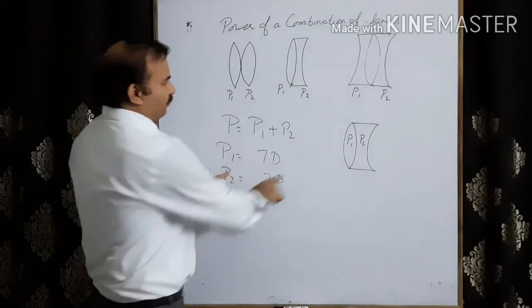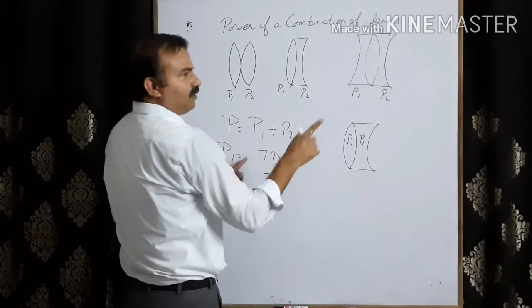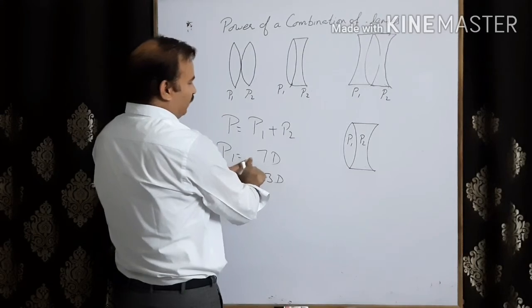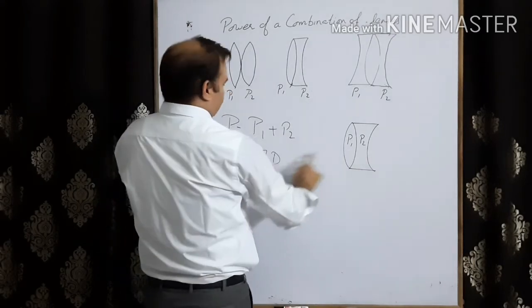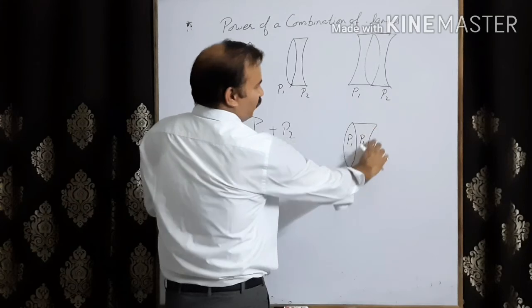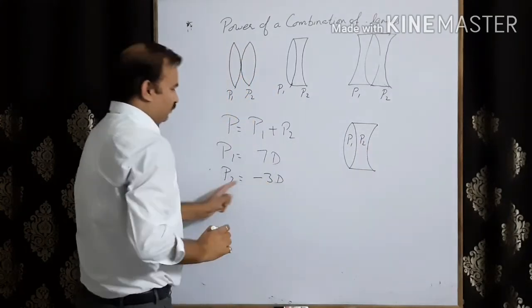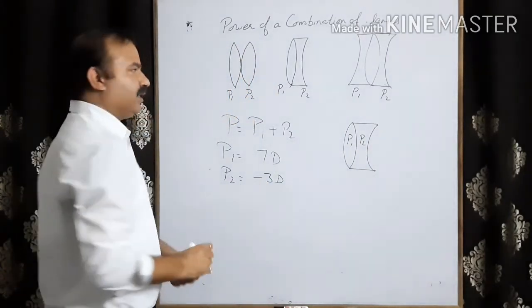Please remember, P1 is a convex lens, so power is positive, as the focal length is positive. Now for this concave lens, focal length is negative, so the power also will be negative.